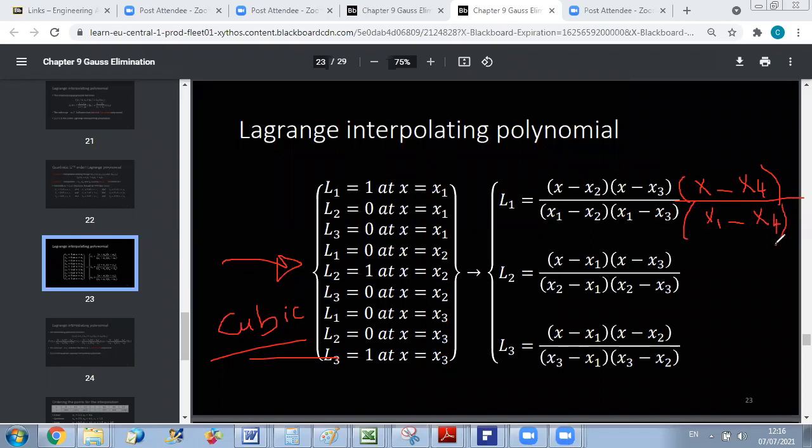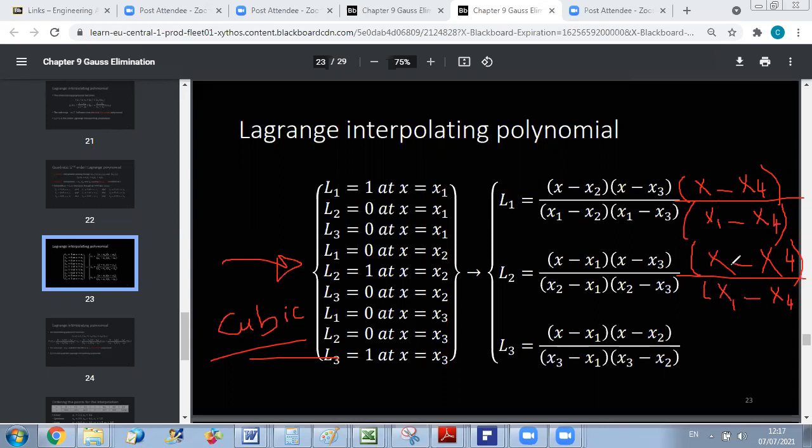Okay. And now L2 will be x minus x1 times x minus x3 times x minus x4 over x2 minus x4.